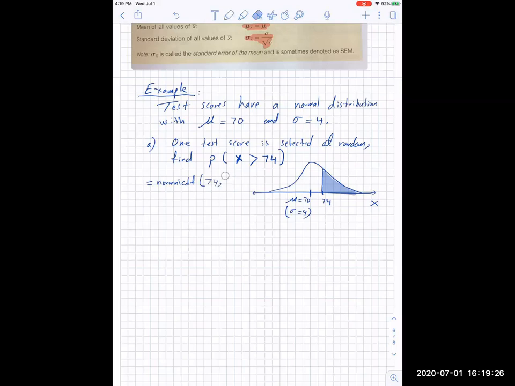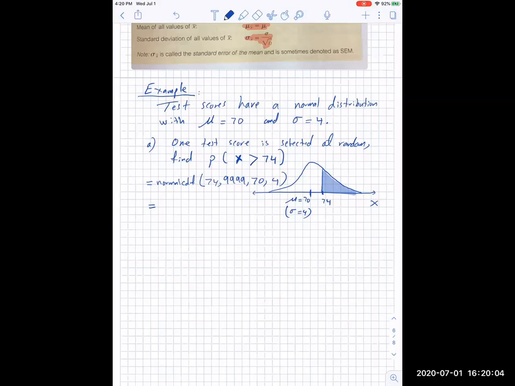Or instead of infinity, we say 9999. The mean is 70 and the standard deviation is 4. If we select one test score, what is the probability that this test score is greater than 74? The answer is normal CDF. I'm using my calculator. Guys, remember what we did yesterday?